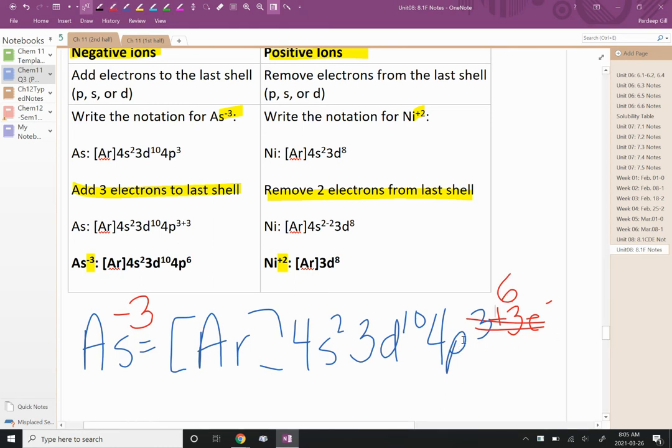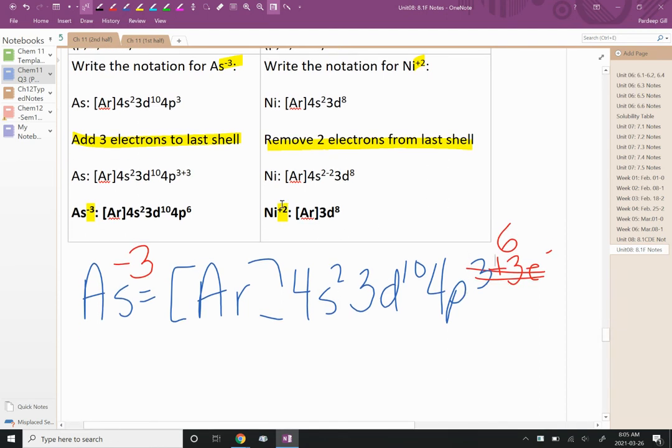And notice we have a p6 configuration. So we have now created, in a sense, a noble gas, so like krypton. So that's the whole point of ions. You're trying to add or take away electrons to make the atom look like a noble gas. So once you've done that, then you know that you have added electrons or taken them away properly.